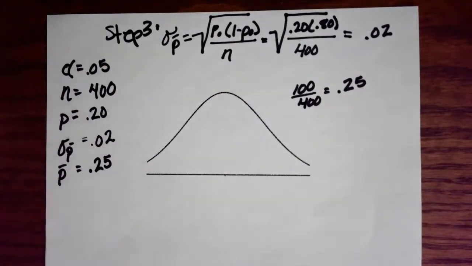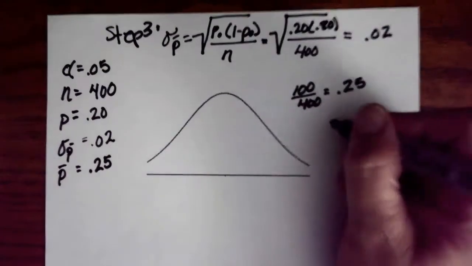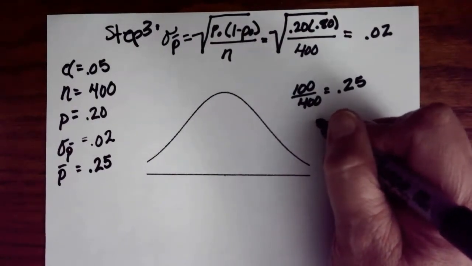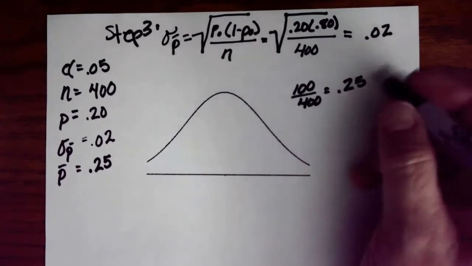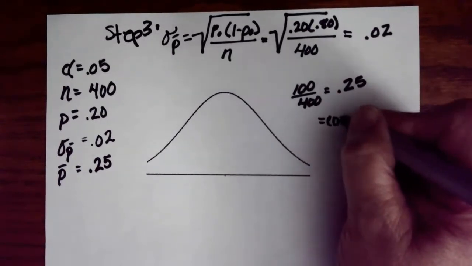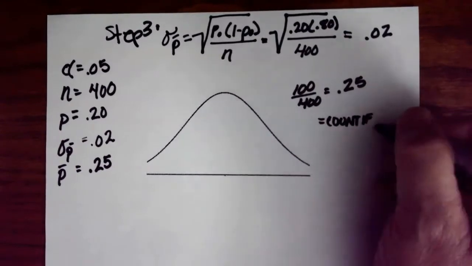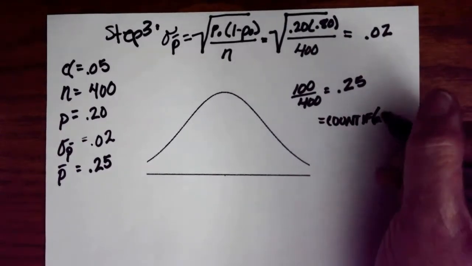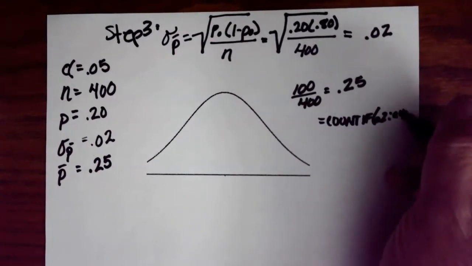To get that super quickly, you can do your count functions in Excel. In this case, it would have been using your equals COUNTIF function. Then you highlight your array, and this was A2 through A401.